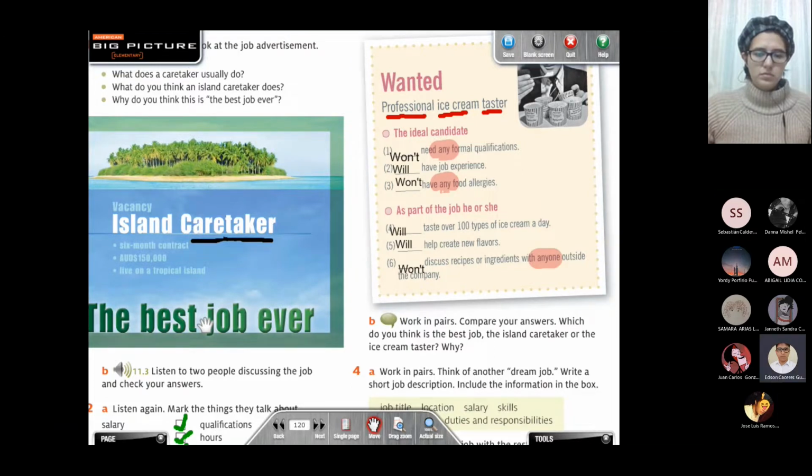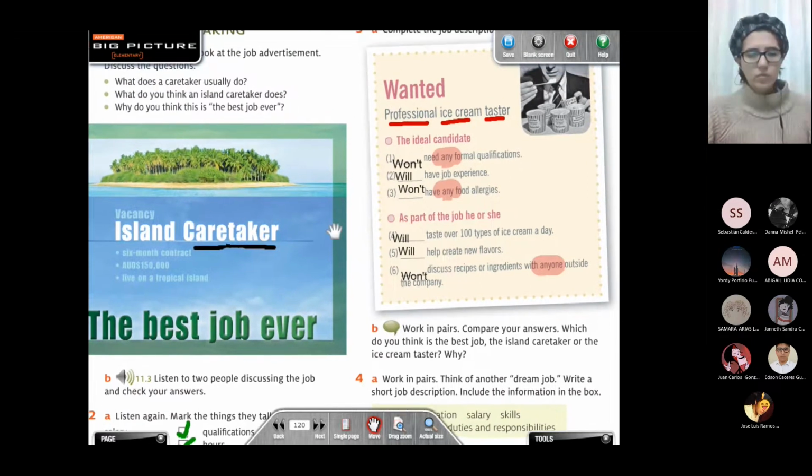Which job do you think is the best job ever? Ninguno, teacher. Why you don't like any of them? If you want, you can say it in Spanish.